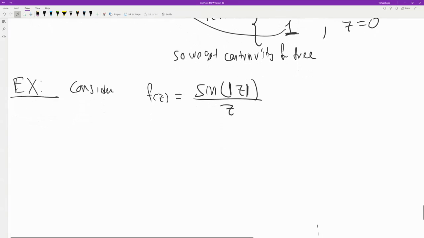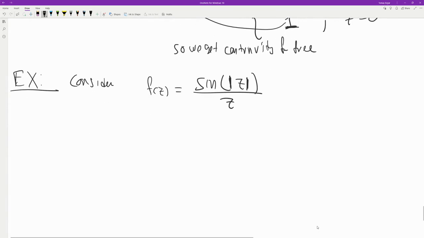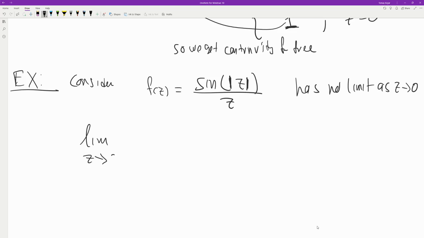We will show that it has no limit as z goes to 0. Okay, let's see. So we have z to 0. Let me write the real and imaginary parts: x plus iy.